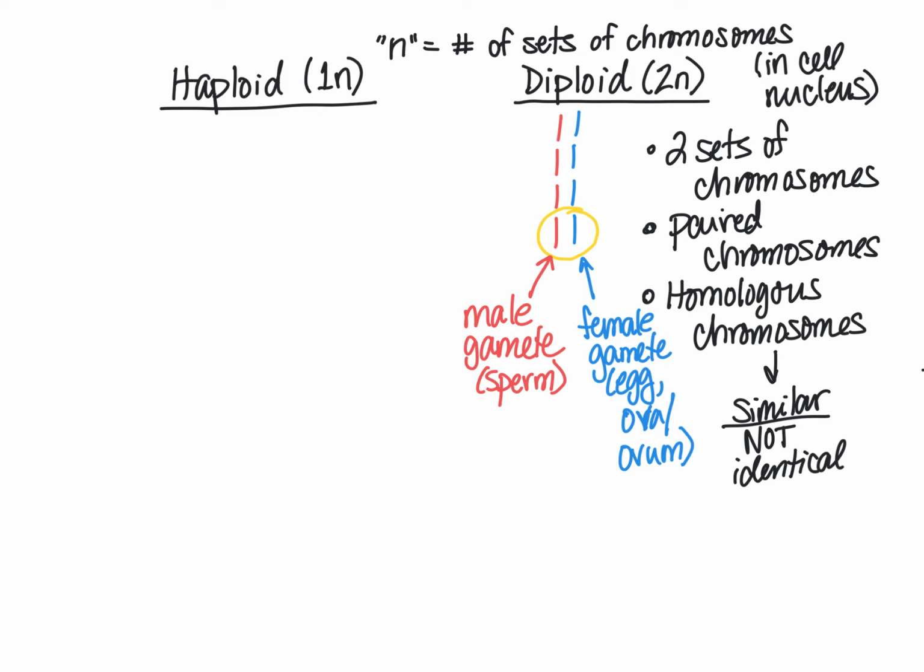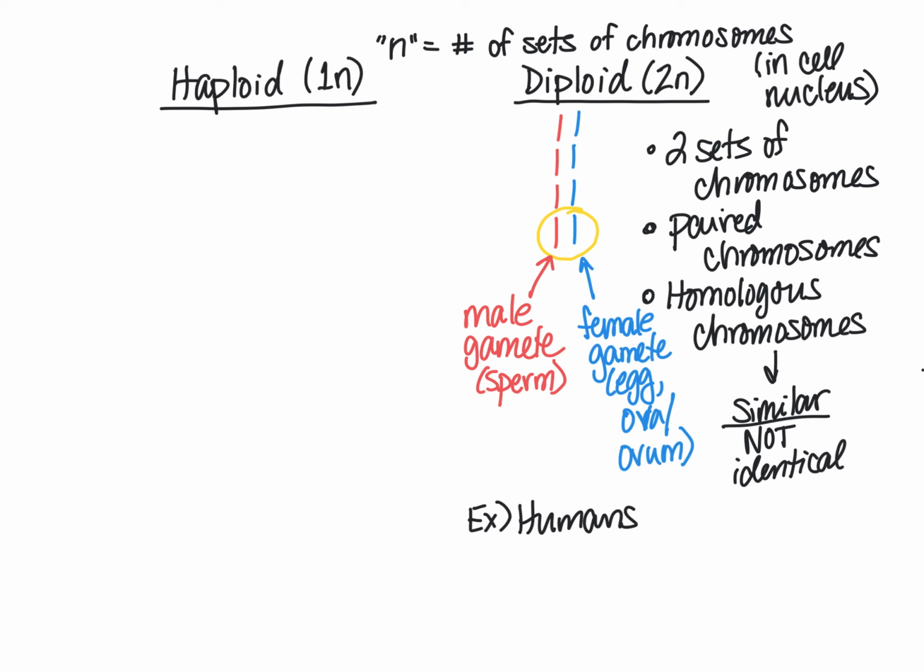To give you an example of an organism made up of diploid cells, we could say humans. So the majority of the cells in our bodies are diploid. The only exceptions are the gametes, or the eggs and the sperm, that you make in order to engage in sexual reproduction.